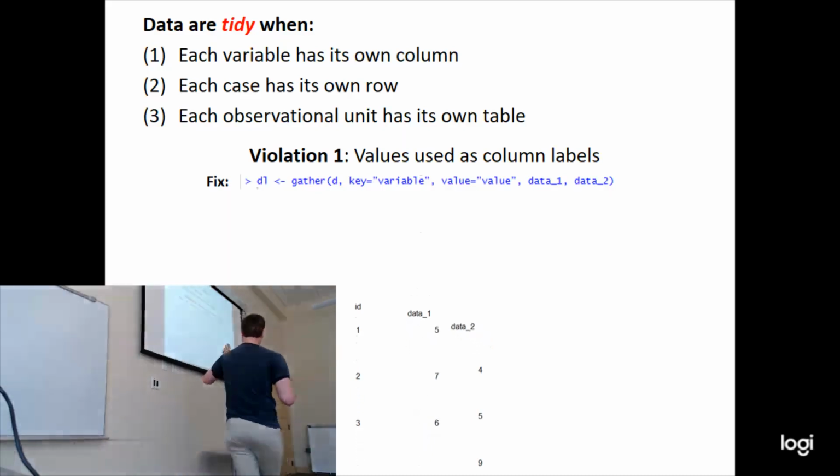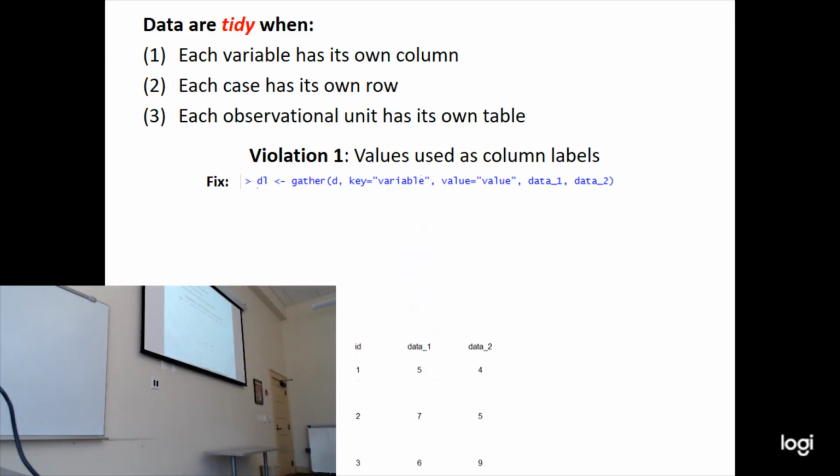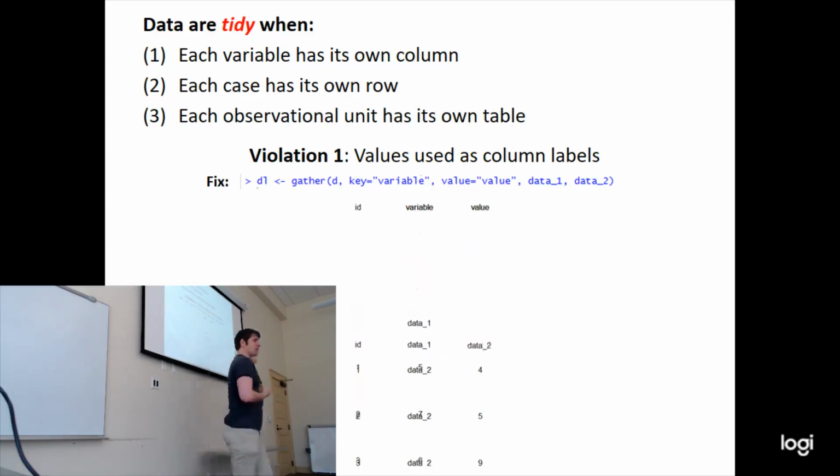So one way that you can make data tidy is if you recognize that you're in a situation where, hey, my columns are referring to a variable or grouping of my values, some way of understanding my values. You can use this gather function to expand your data and create a new column that indicates that grouping variable.